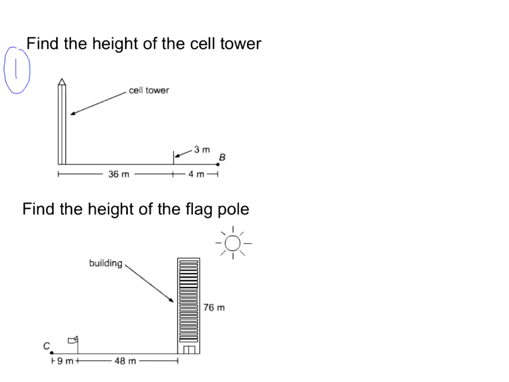Let's try this top one together. I'll call it number 1. It says find the height of the cell tower. There's really two triangles going on here, which is why I can use proportions. Let me draw in my triangles here. So I have my little triangle in blue.